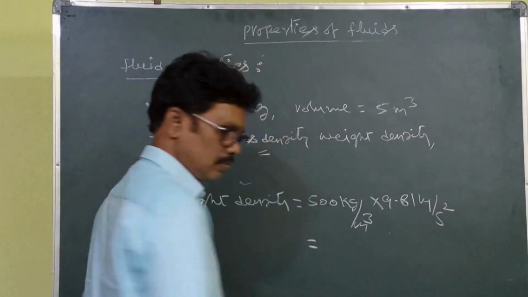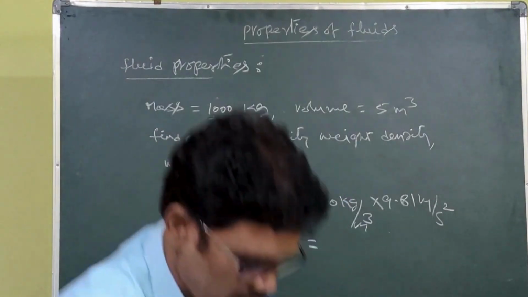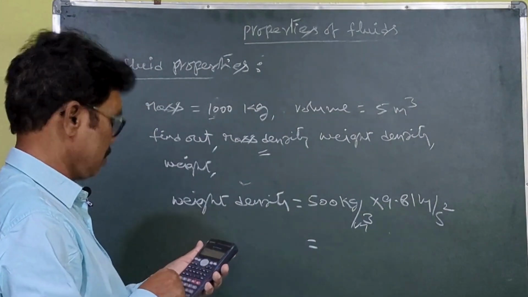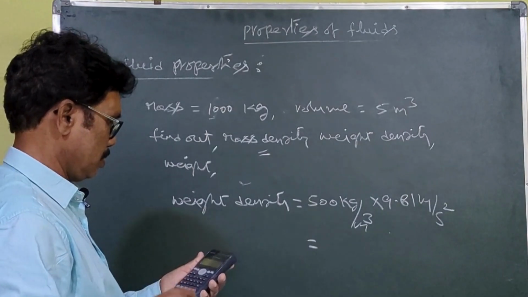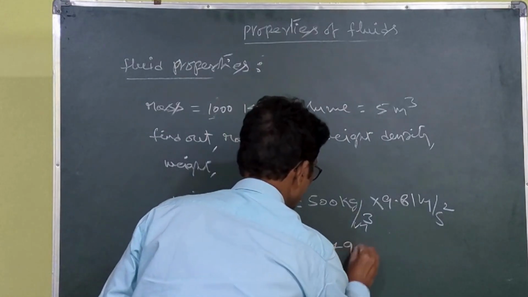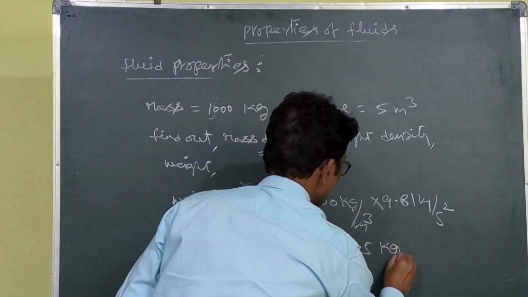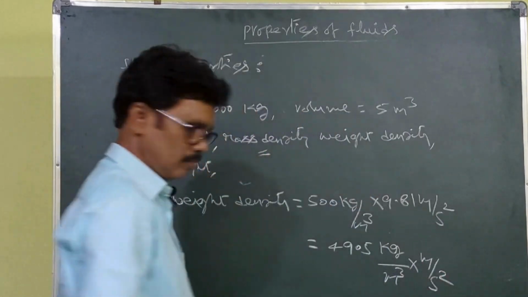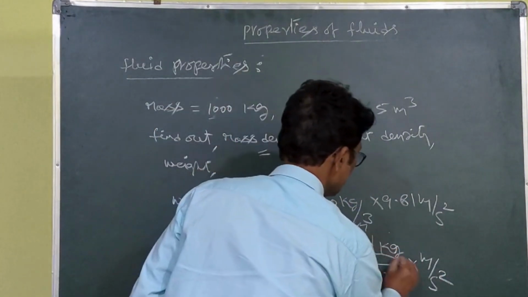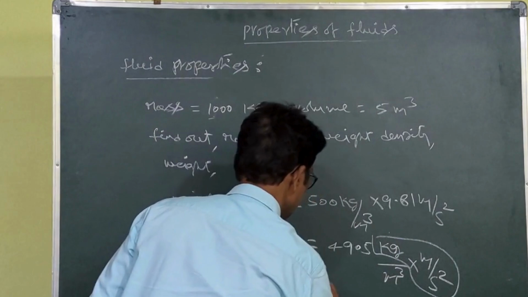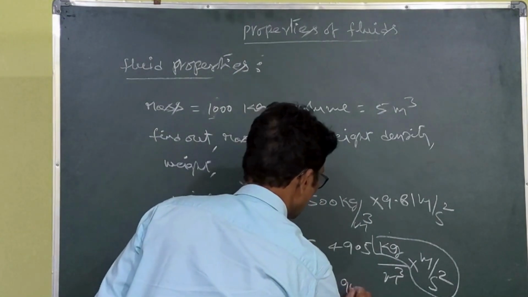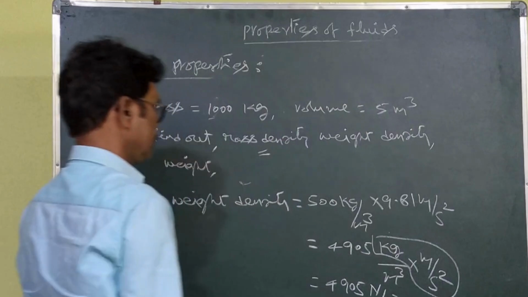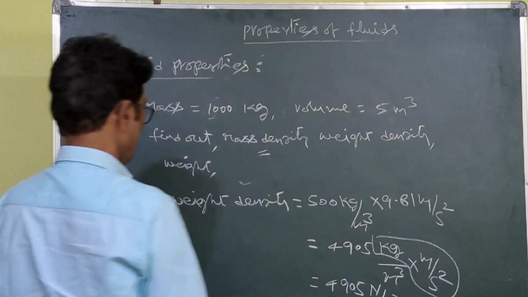That is equal to 500 into 9.81, which is 4905 kg per meter cube into meter per second square. So kg meter per second square is equal to Newton. Therefore this is equal to 4905 Newton per meter cube. Okay.